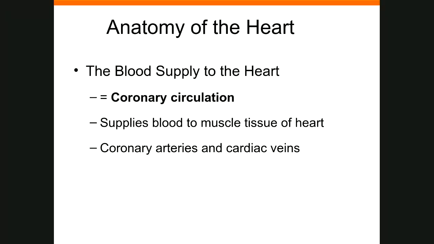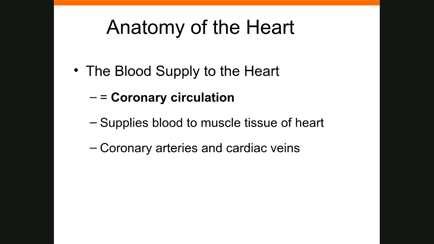So let's continue with the anatomy of the heart. Now we are going to talk about the blood supply for the heart, the coronary circulation. That's how the heart gets its supply of blood, through this coronary circulation.